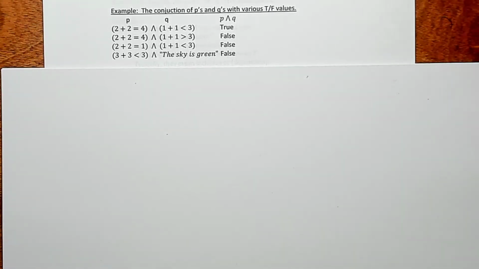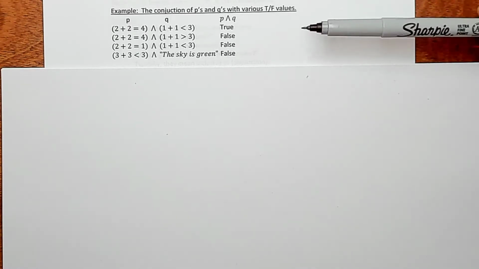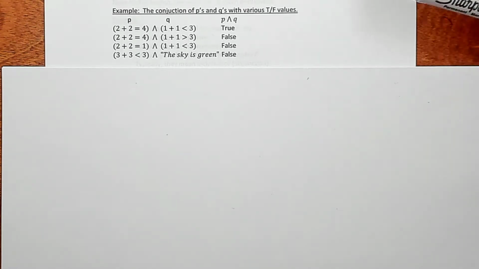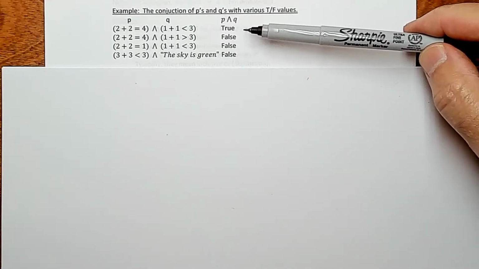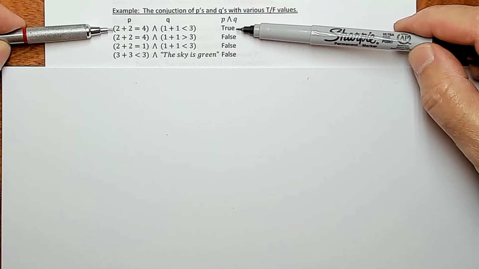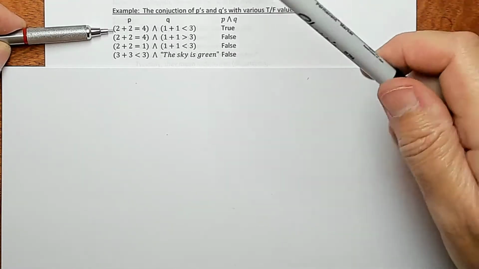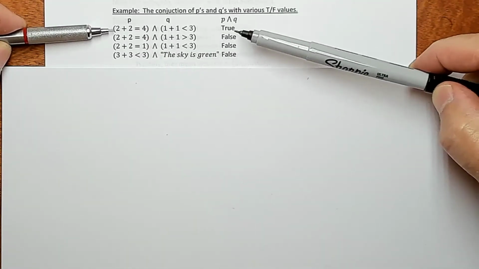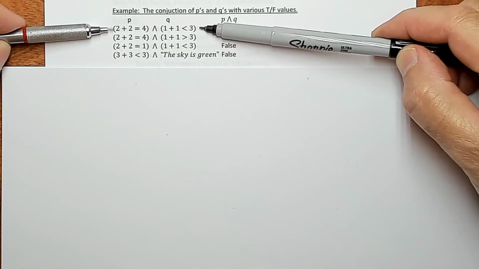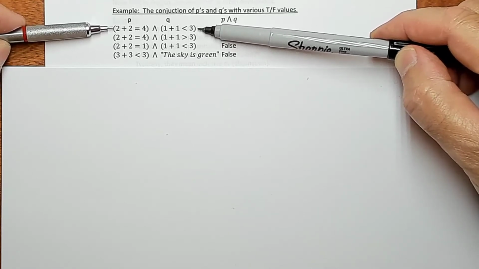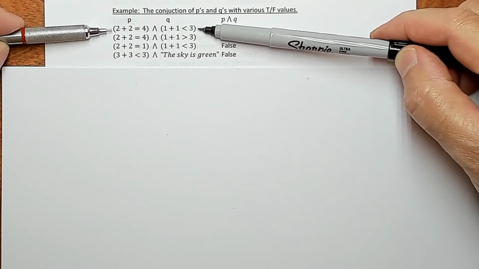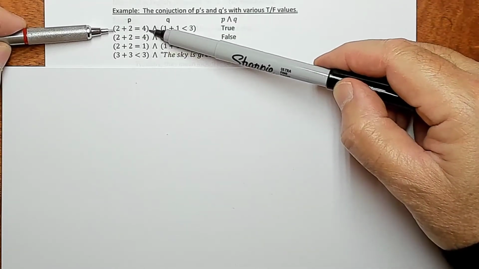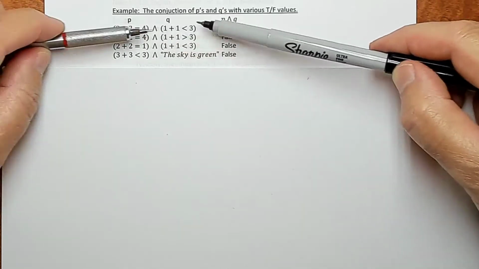Just using math instead of English. And this is a little bit more like code, right? What you might write in a program, in an if statement, for example. So in order for this entire expression, this compound proposition, the conjunction of P and Q, to be true, both of the little propositions P and Q must be true.